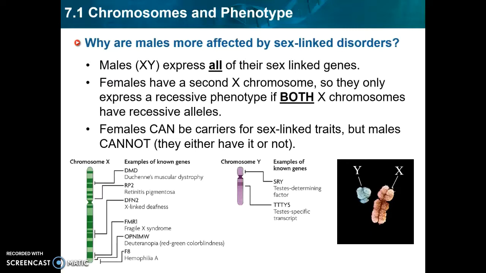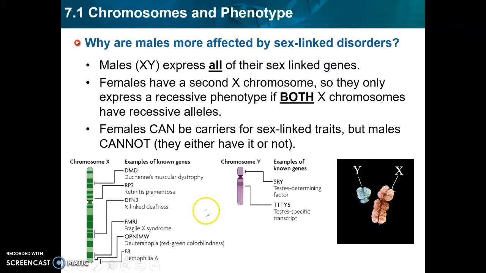However, females have two X chromosomes. So if they inherit one recessive disease allele on one of their X's, it's likely that their other X chromosome is completely normal, and therefore she would not have the disorder. She would be a carrier, but she would not have any symptoms.